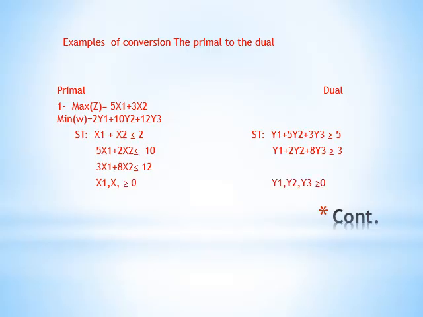Respectively, once we have 2 columns in the constraints of the primal, then we have 2 constraints, or 2 rows of constraints, of the dual.